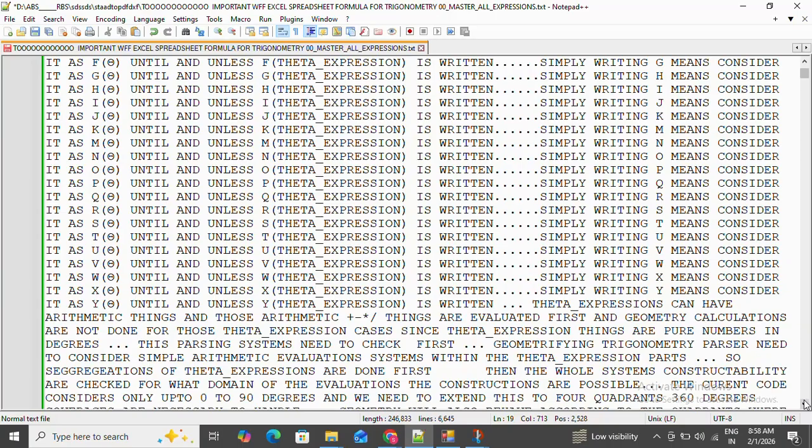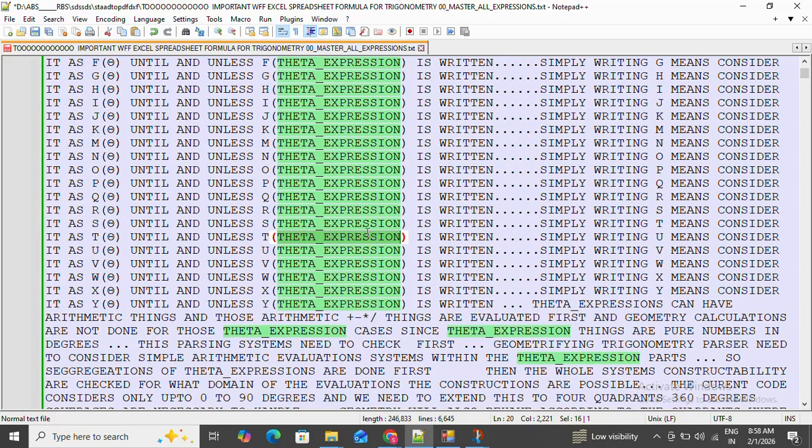And suppose when the expressions are evaluated, some theta expressions inside the trigonometry expression can have a mathematical formula, then we will parse it to numerical values, and these numerical values are nothing but values in degrees or radians.